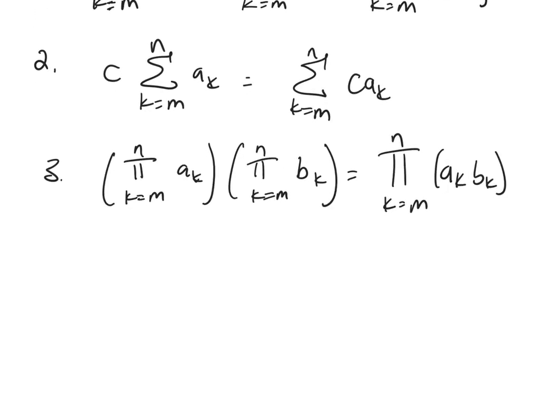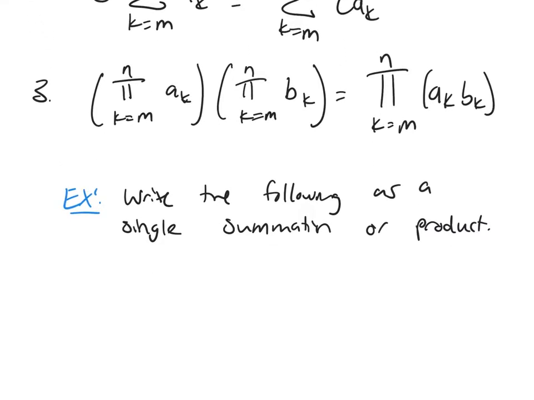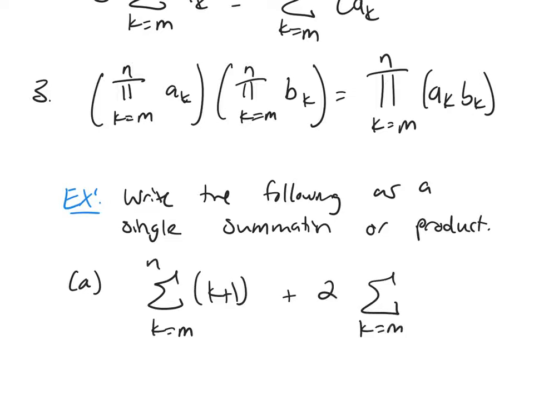All right, so let's look at some of these. Write the following as a single summation or product. A sum from k equals m to n of k plus 1, plus 2 times the sum from k equals m to n of k minus 1.